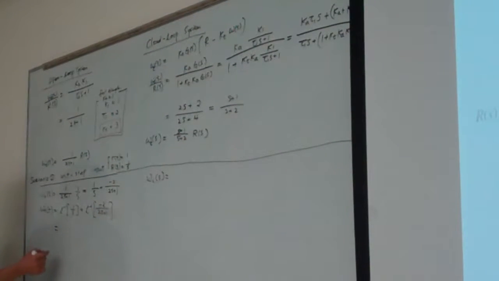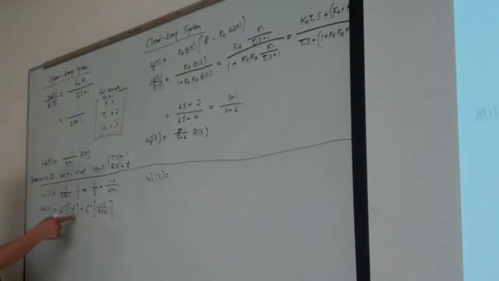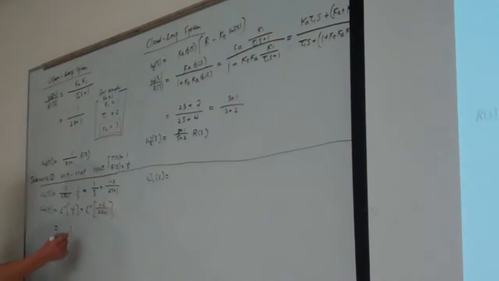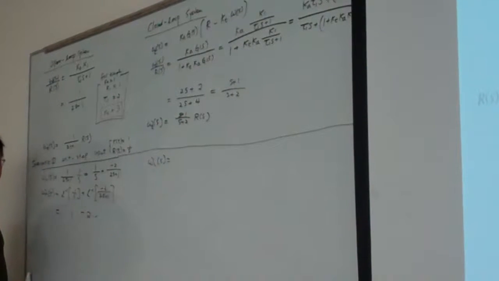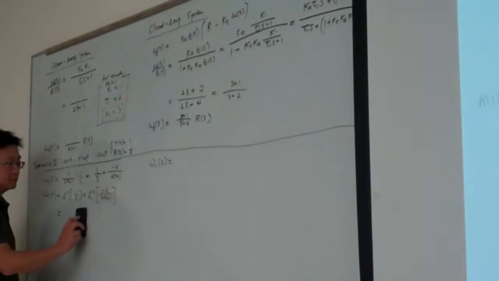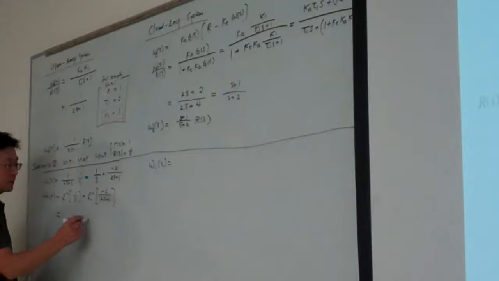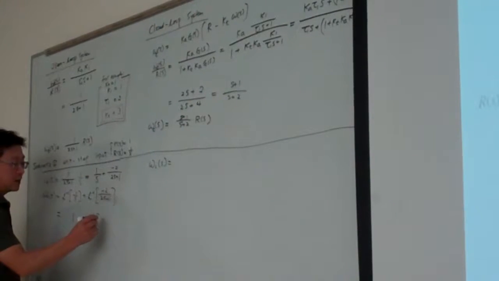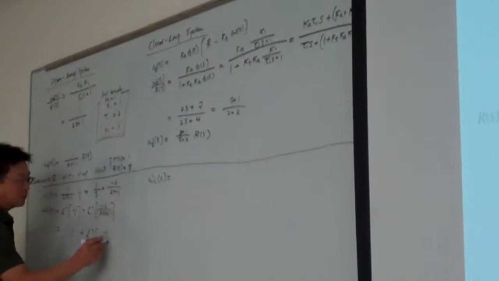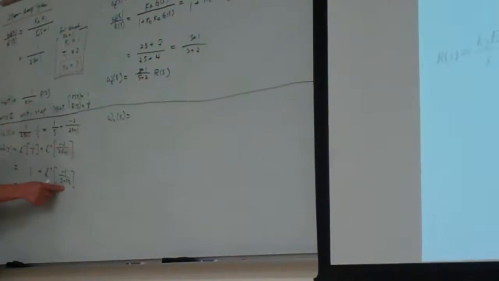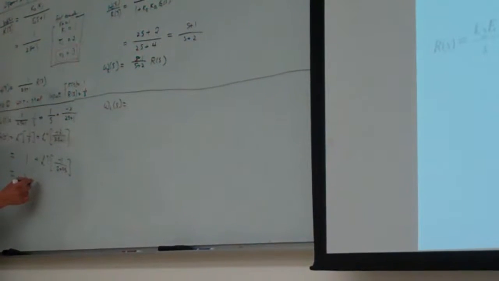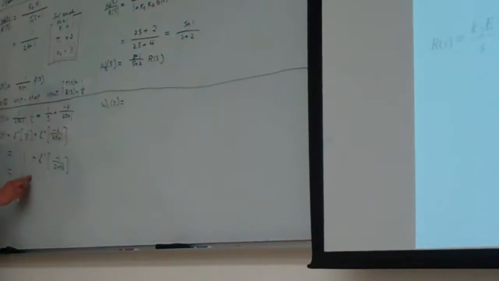So the inverse Laplace transform of this one is equal to 1. And this one is minus 2 times, let me do one more time here. So this is the inverse of minus 1 over (s plus 0.5). I just transform it into the standard form in the tables. So this will be minus e to the minus 0.5t. Okay.